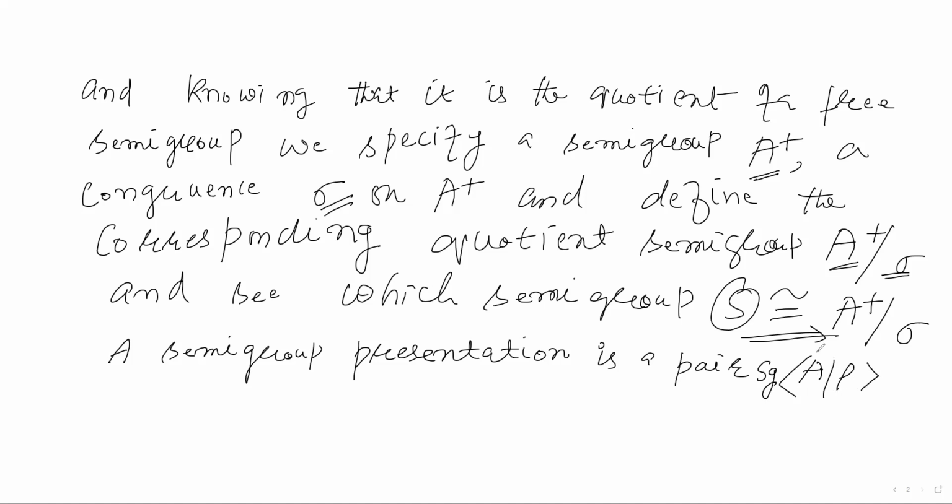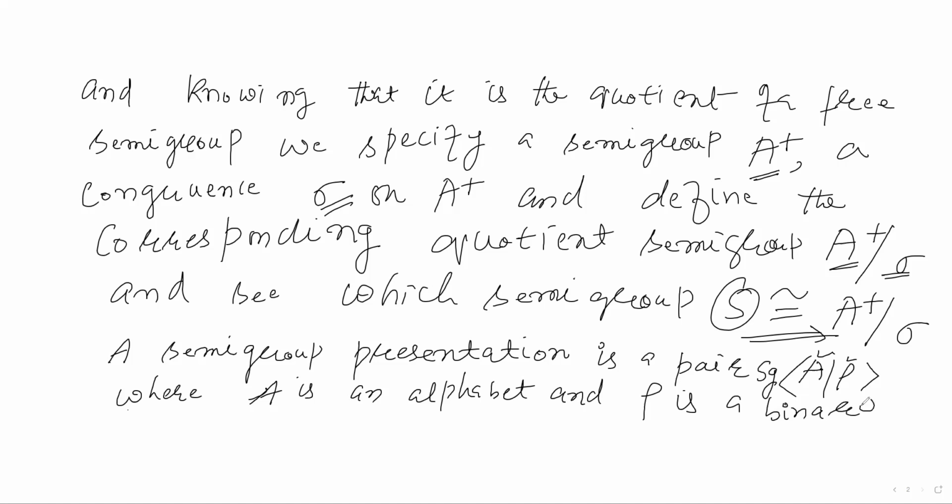Pair means we have two things: we have A and we have rho, where A is an alphabet and rho is a binary relation on A plus.